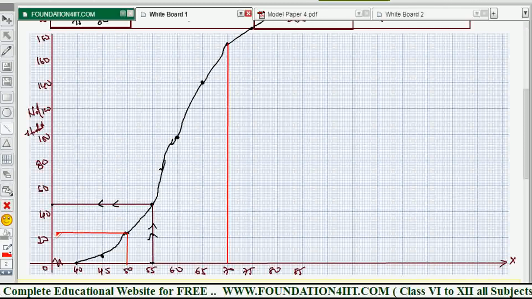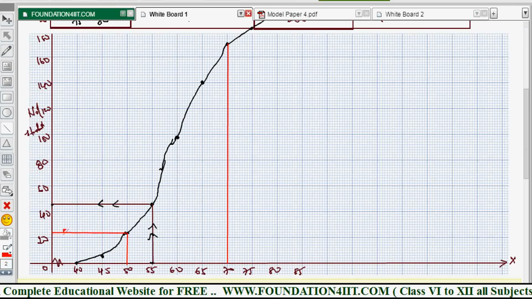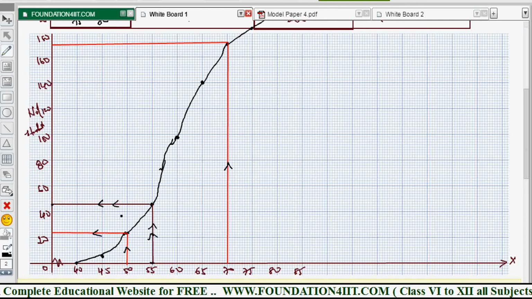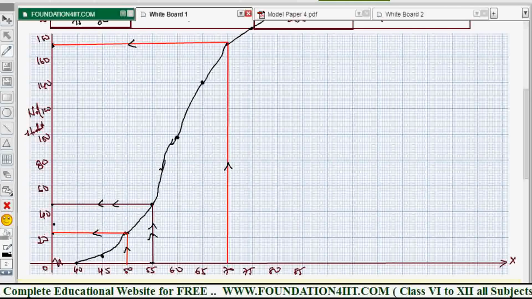One is around 22, and the other is between 170 and 172, approximately 171. So these points you can mark.